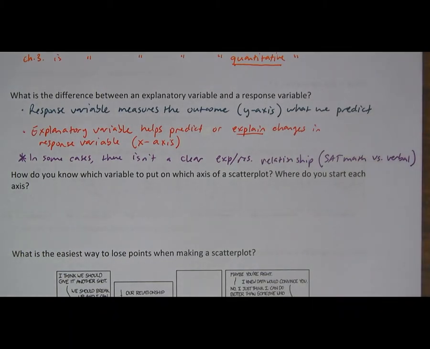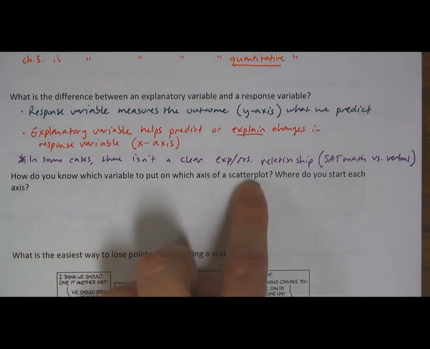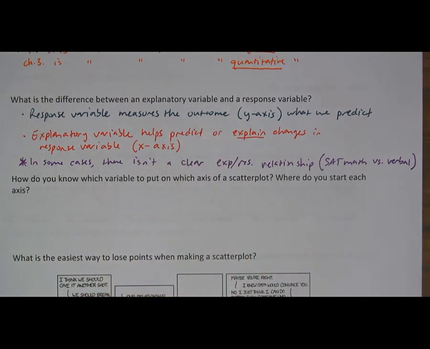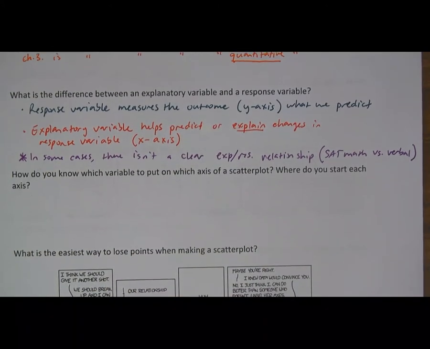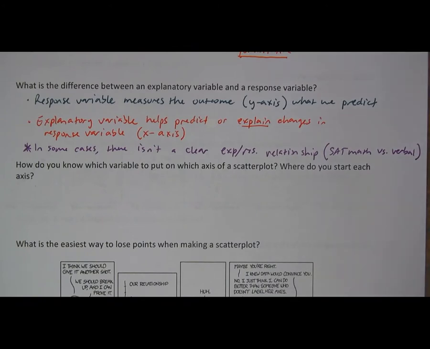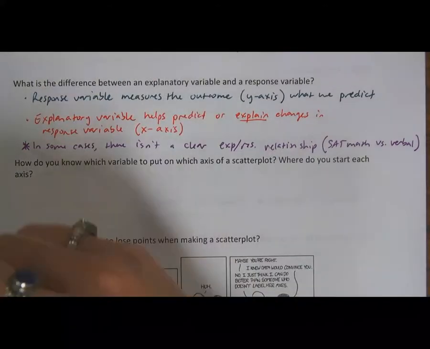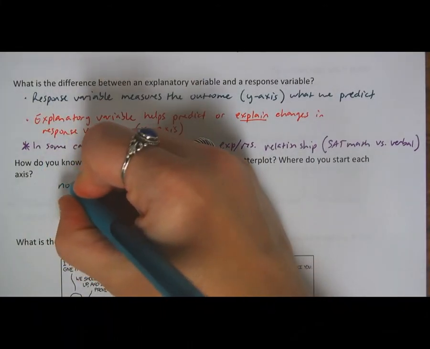I think I've already addressed how you know which variable to put on which axis, but where do you start each axis? So if on this test, or this chapter, if I have you build a scatter plot, I'm going to make sure that you put the explanatory and response variables on the correct axis. And then I'm going to make sure you scale everything appropriately. And so you don't necessarily have to start at 0, 0.